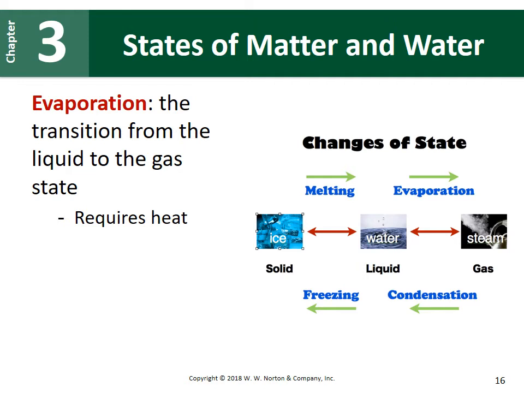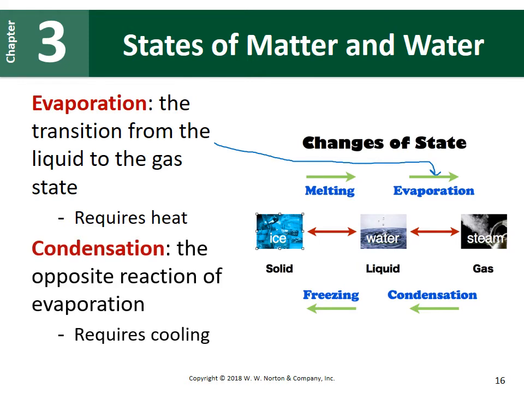So we can have evaporation. This is when the state of matter changes from liquid to gas. And this requires heat. So we have to add in heat to heat up the water to create water vapor. To go in the opposite direction, in order to get that steam or water vapor back to the liquid form, it goes through condensation. And this requires cooling.